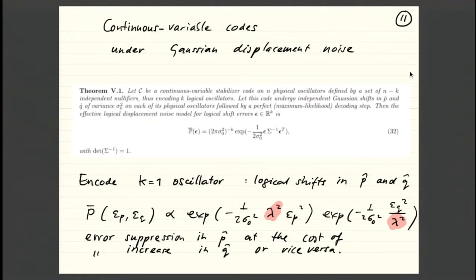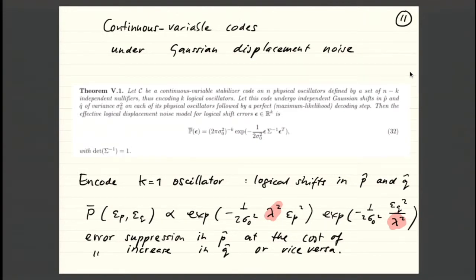And then you can ask, what does that error model look like? And that error model is again a model of Gaussian shifts. But then you can ask about the standard deviation or the variance. How is that changed? What we prove, and maybe it's more easily said, is that let's say we encode one oscillator. Then effectively there'll be logical shifts in P and Q. And what we see is that the variance in P can go down, but then the variance in Q goes up.